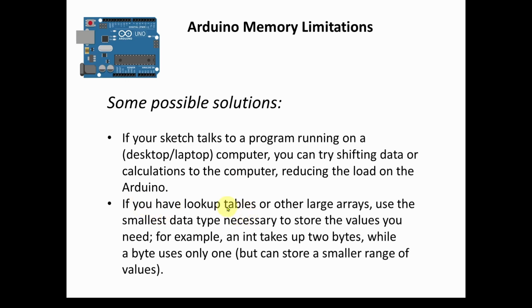If you have lookup tables or other large arrays, use the smallest data type necessary to store the values you need. For example, an int takes up 2 bytes, while a byte uses only 1. So we're going to have to start looking at some possible solutions to figure out how we can fit, in this case, our 500 samples into 2K of SRAM.